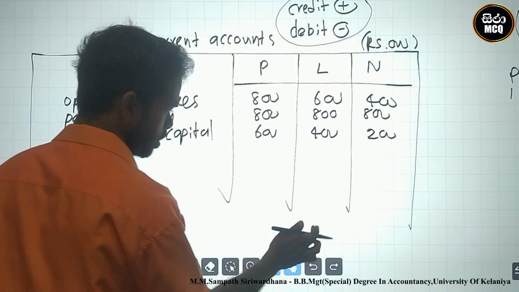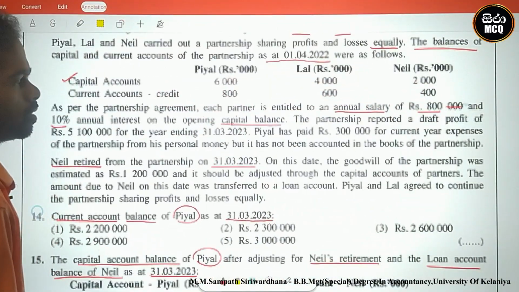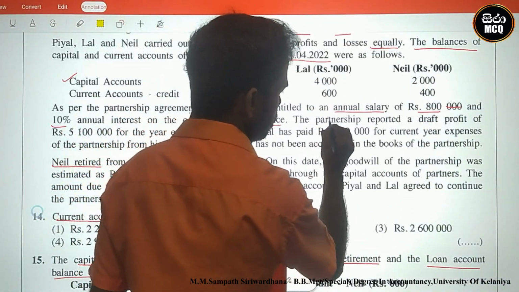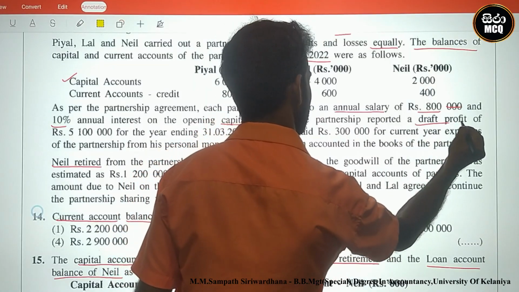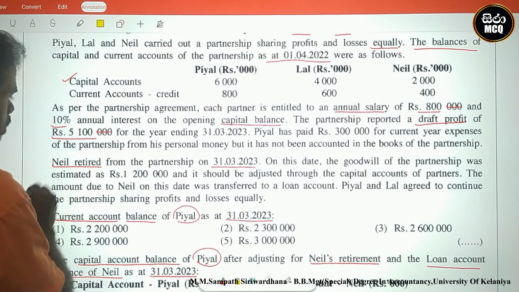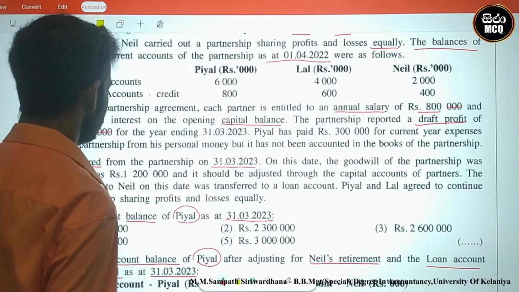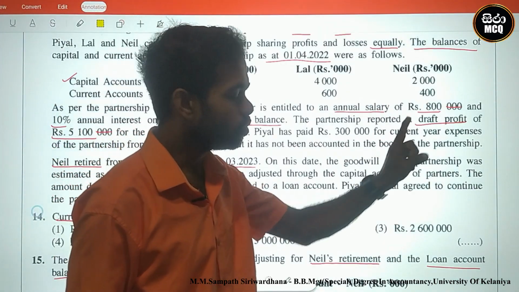Okay, what does the question say again? Next one, they said the partnership reported a draft profit of 5,100, this is 5.1 million, for the year ending 31st March 2023. Look here, they say draft profit.